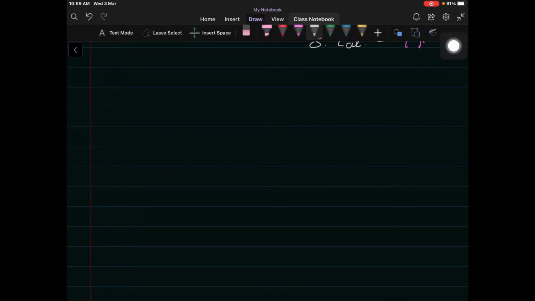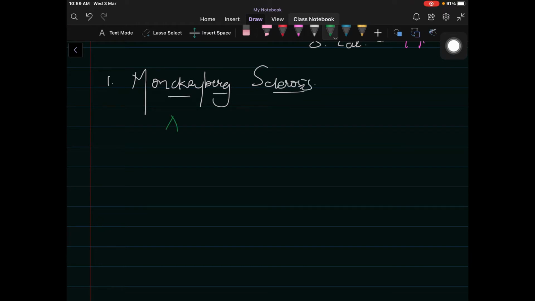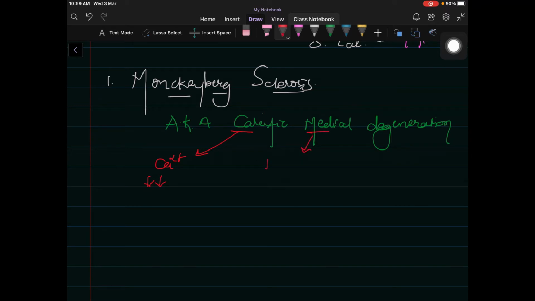Under dystrophic calcification, let's first discuss Monckeberg sclerosis. It is also called calcific medial degeneration. From calcific, we can say it is calcium deposition.